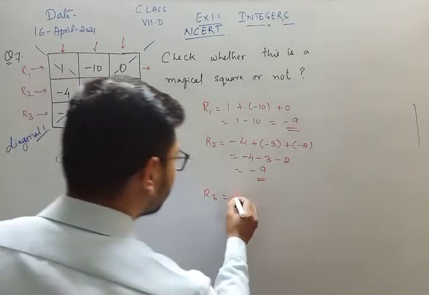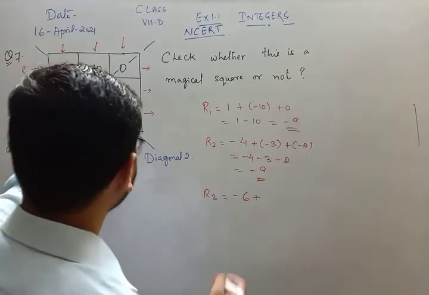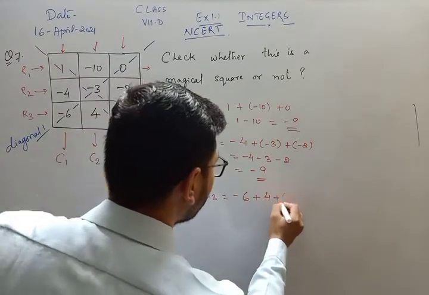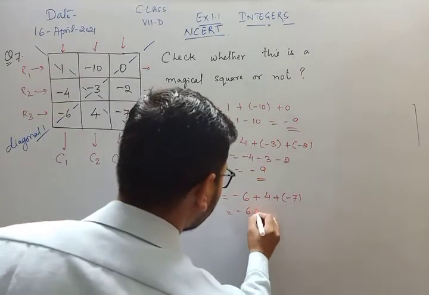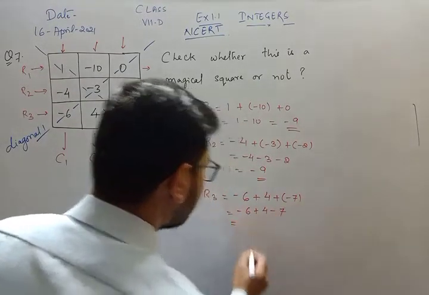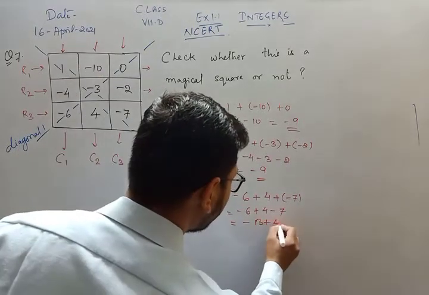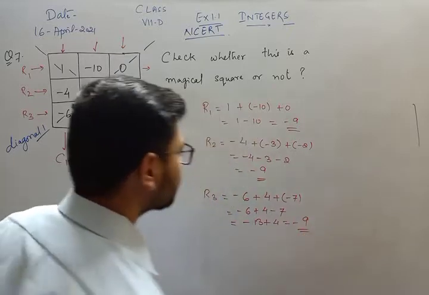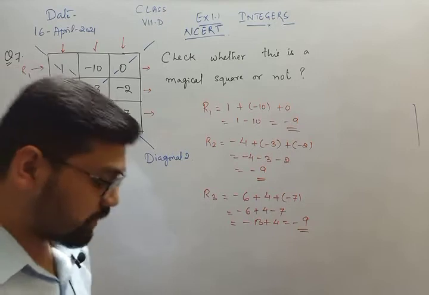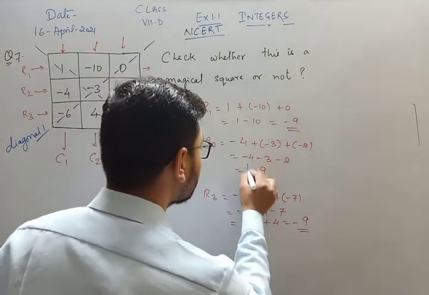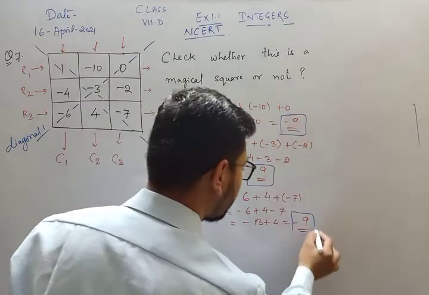Similarly, R3, when I add all the elements given in the third row, that is minus 6 plus 4 plus minus 7, what will I get? Minus 6 minus 7 is minus 13, plus 4 is minus 9. So in each row the summation is equal to minus 9. I think there is no doubt in this. Minus 9, minus 9 and minus 9.